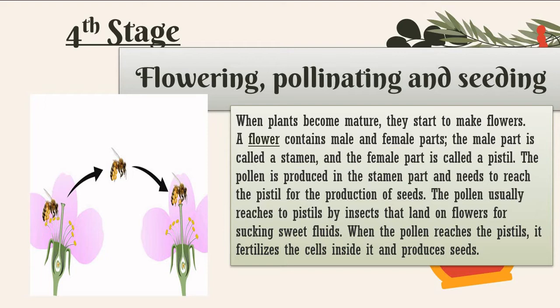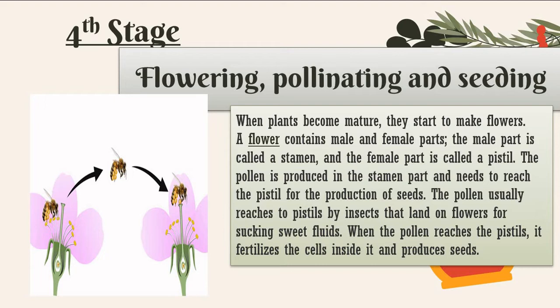The pollen is produced in the stamen and needs to reach the pistil for the production of seeds. The pollen usually reaches the pistils by insects that land on flowers for sucking sweet fluids. When the pollen reaches the pistils, it fertilizes the cells inside it and produces seed.